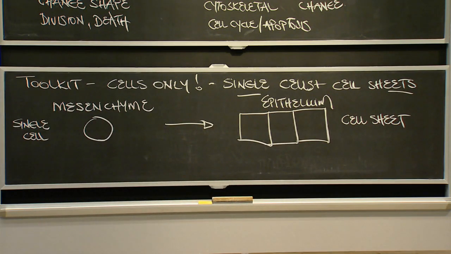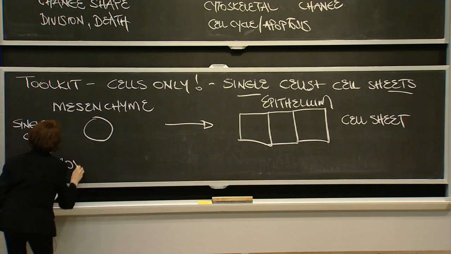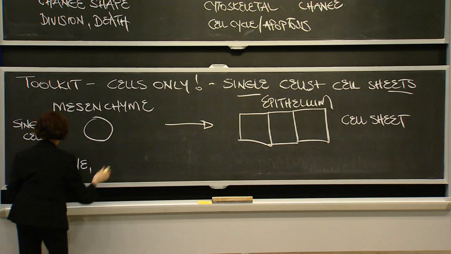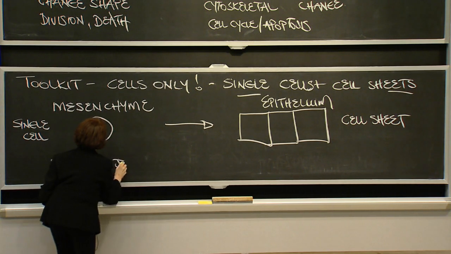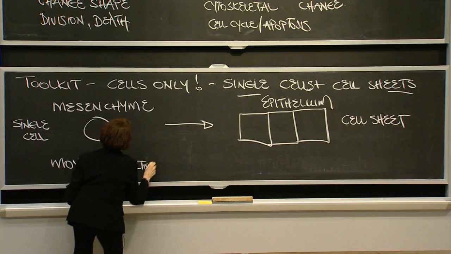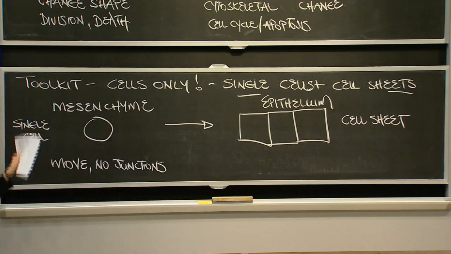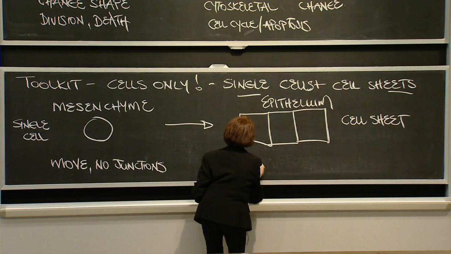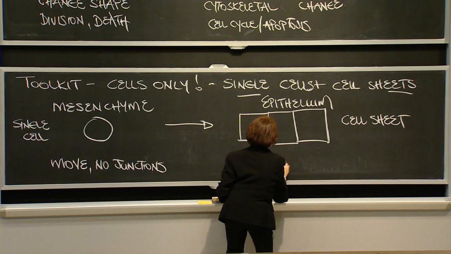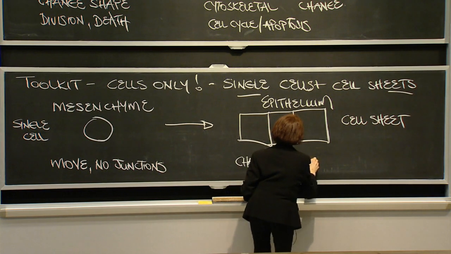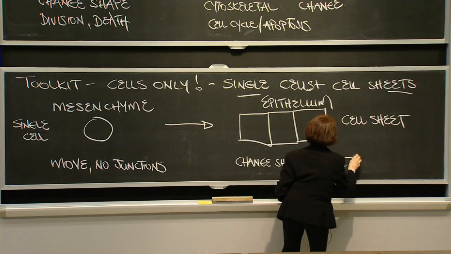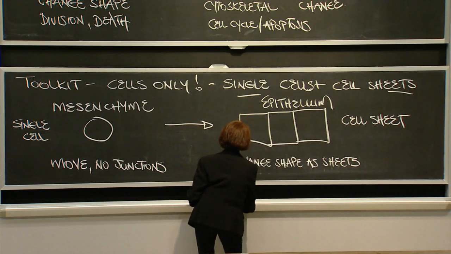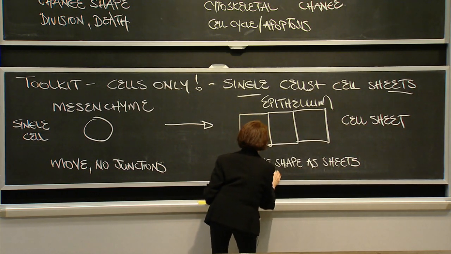Single cells migrate, they move, and there are no junctions between the cells that allows them to be single cells. Epithelia, cell sheets, can change shape, but they don't move around that much. So they change shape as sheets. And what that allows them to do is to form coverings and tubes.